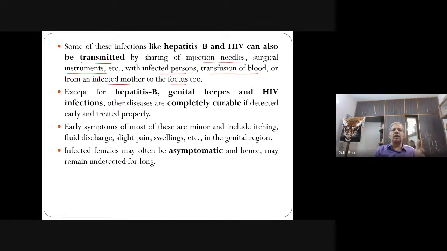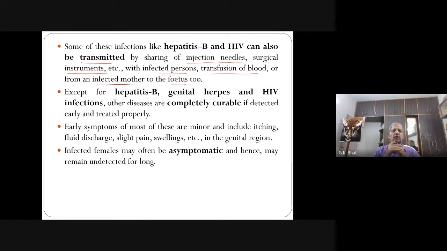If the blood of a person suffering from STD is donated to a healthy person, that person may also get this STD. Or it may be passed from an infected mother to the fetus.